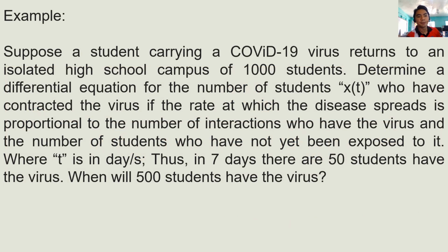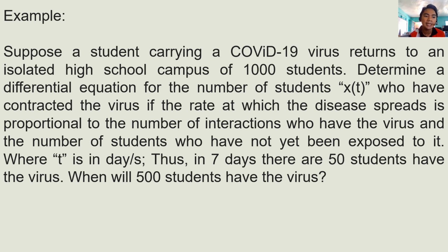And now let us proceed to the example. So consider this given problem. Suppose a student carrying a COVID-19 virus returns to an isolated high school campus of 1,000 students.